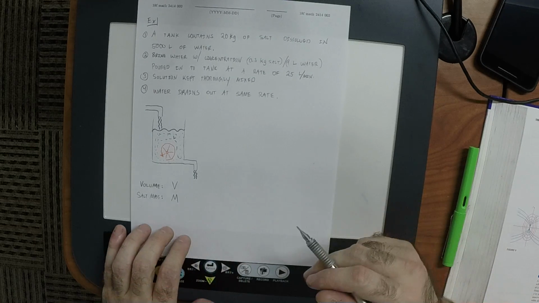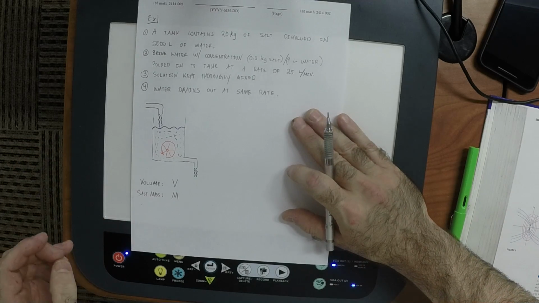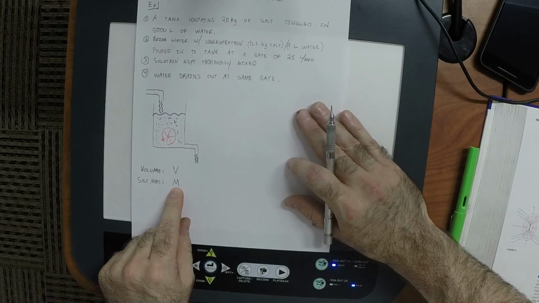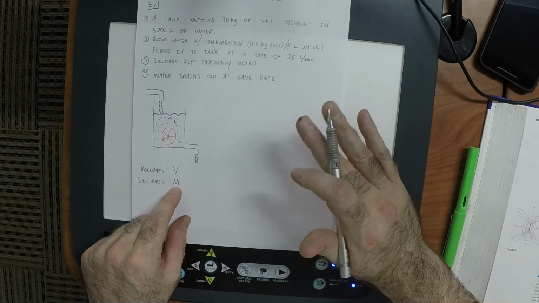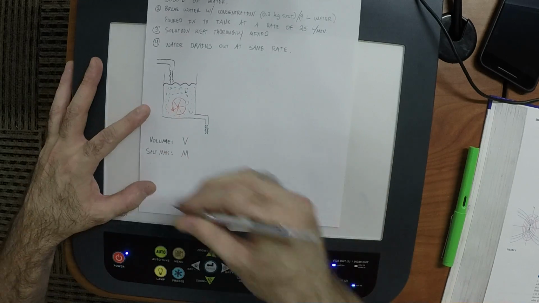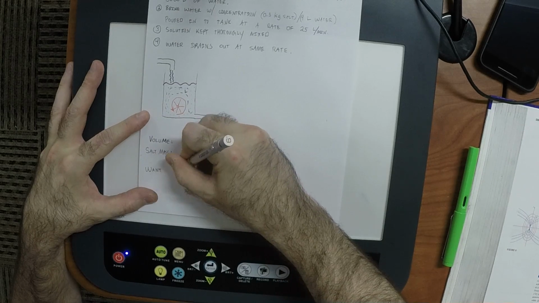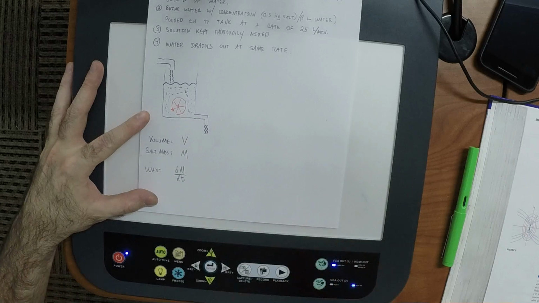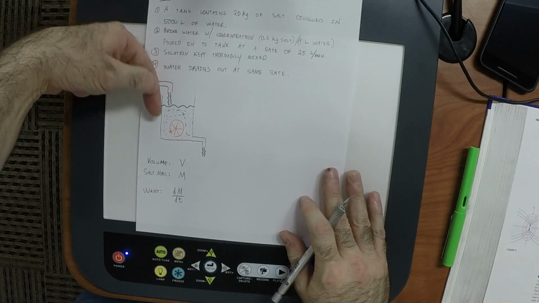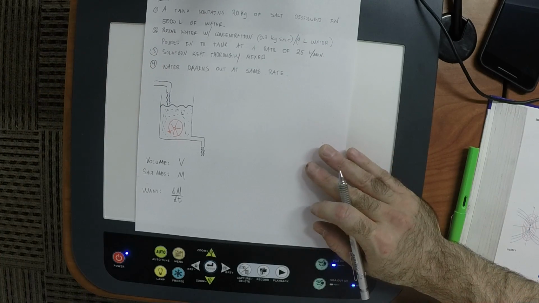All right, and what we're going to do is figure out how the amount of salt is changing. So M is the amount of salt. What we want is dM/dt. Now let's consider, because salty water is being poured in, that means that we have a source of salt.